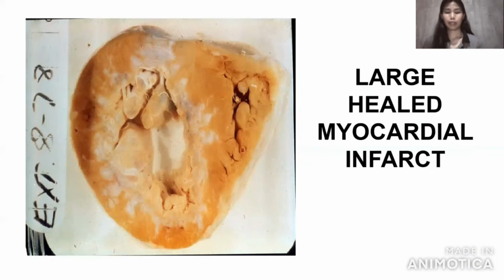I have an example here. We have a picture of a large healed myocardial infarct. Here we can see the white parts are the deposition of connective tissue, and here are the normal cells.